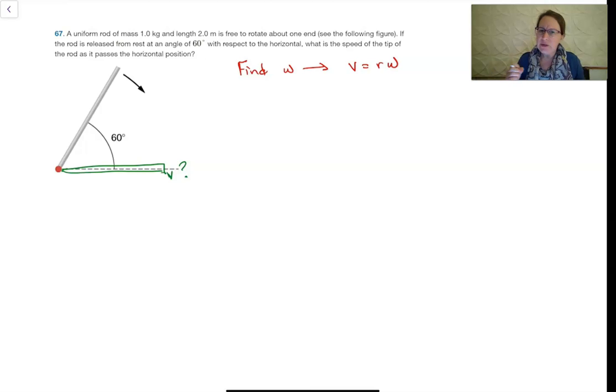And so with conservation of energy, you have to be a little bit careful here because we could say right here would be our U gravitational potential energy equaling 0. So that's fine. So then we would say it has some potential energy when it's at this point.